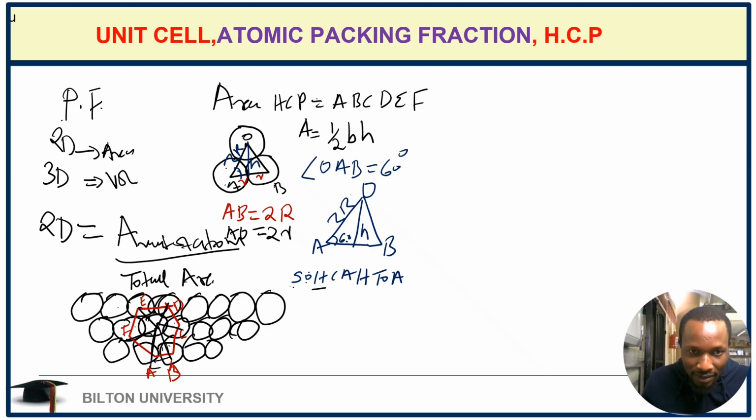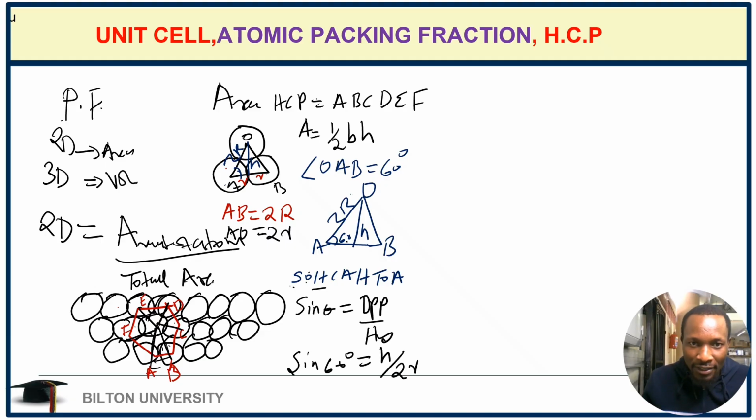So I can apply the sine rule to find this H here, and sin theta is equal to opposite over hypotenuse. Our theta is 60, so sin 60 degrees is equal to the opposite, which is H, over 2R.